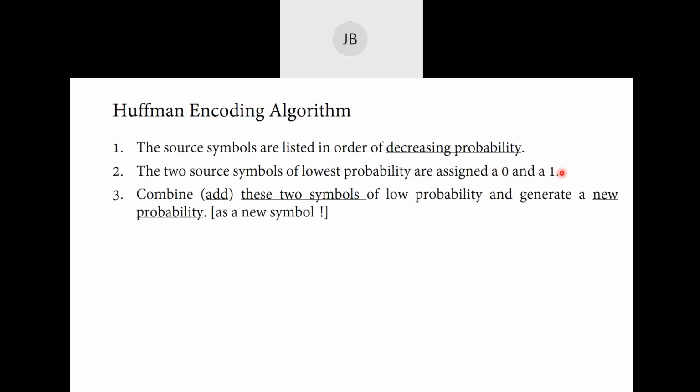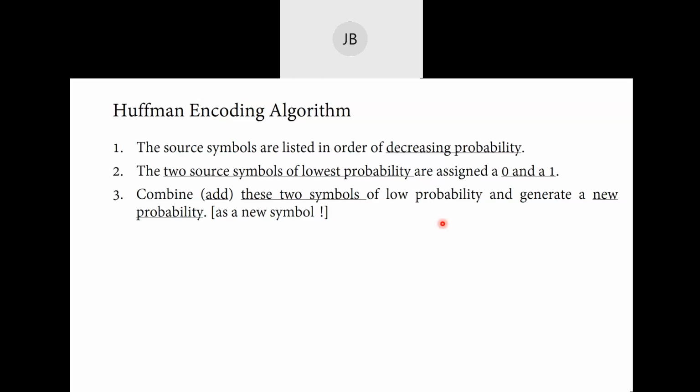In the third step, we need to combine the two lowest probabilities that we have picked in the second step and generate a new symbol, I mean a new probability that corresponds to a new symbol, an intermediate symbol, I should say.